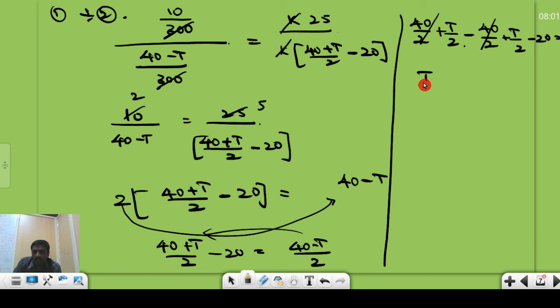Somewhere I made a mistake. Yes, here we are having the 5. So we missed that 5, sorry. So we missed that 5, so that's why we are getting the wrong approach.